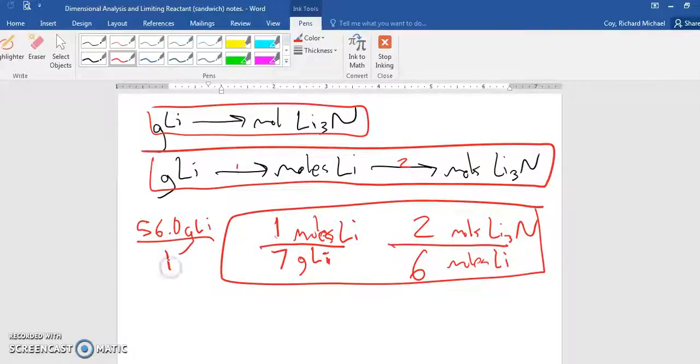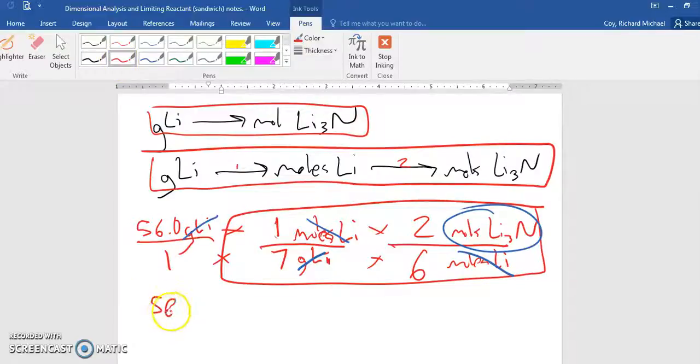Put it over 1 if it makes it feel better, multiplying straight through. Remember, this is not cross multiplication. It's multiplying straight across. Let's check the units before we do math to make sure we didn't mess anything up. Grams of lithium on top, grams of lithium on bottom. Moles of lithium on top, moles of lithium on bottom. All we're left with are moles of lithium nitride. Awesome.